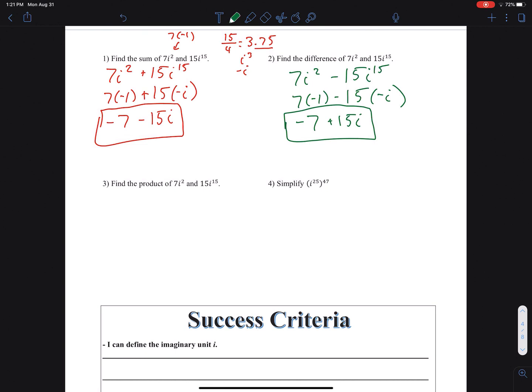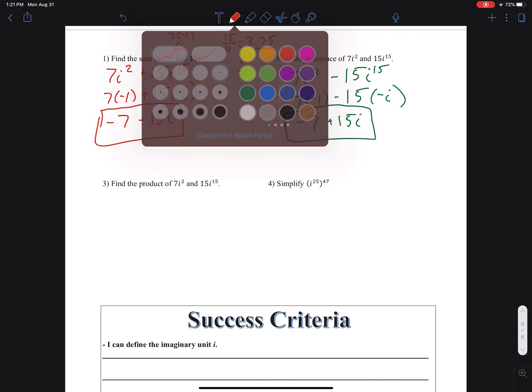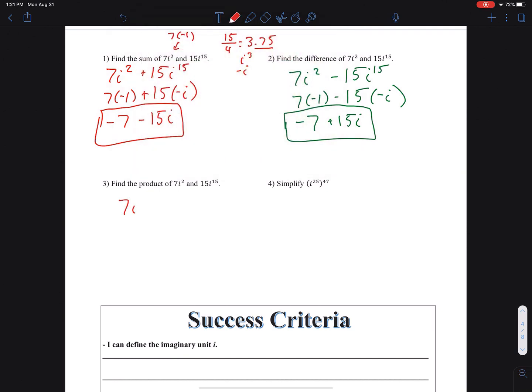Product. So simplify the product. That would be 7i squared times 15i to the 15th. You can simplify first still, or you can just multiply. For multiplying, either way can be easier. So I'll simplify first.